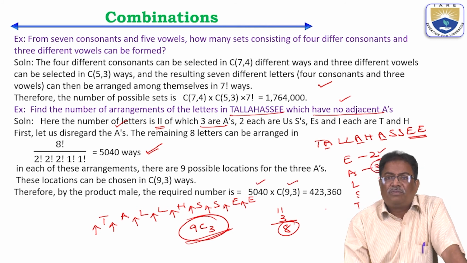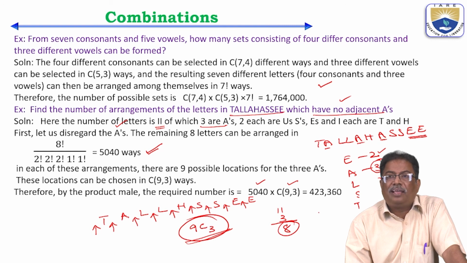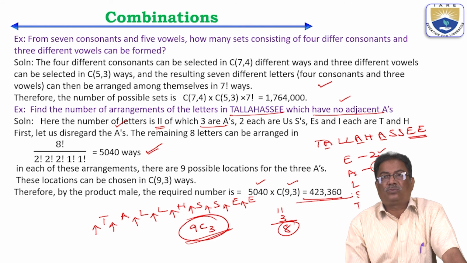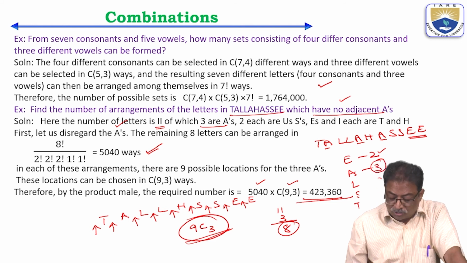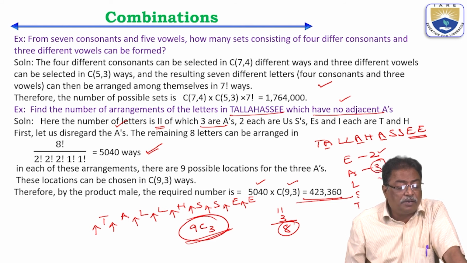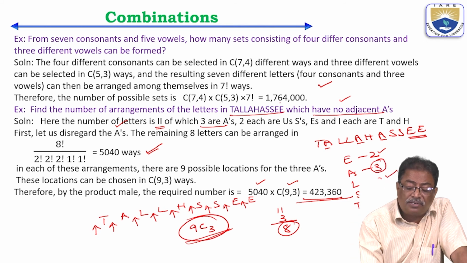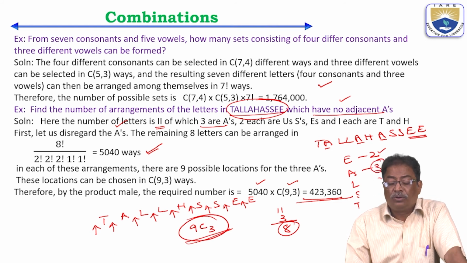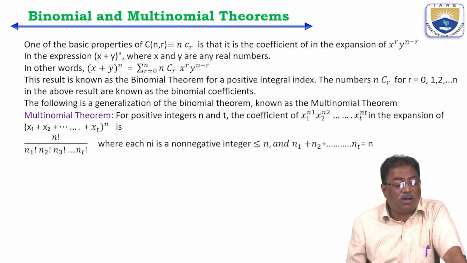So this is 5040 into 9C3. That is nothing but the total number of ways. That means, find the number of arrangements of the letters in the word which have no adjacent A's.